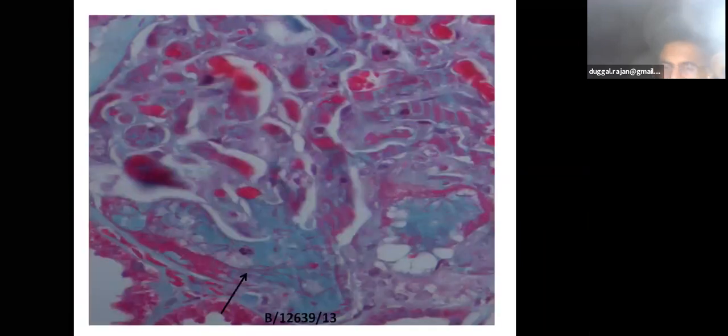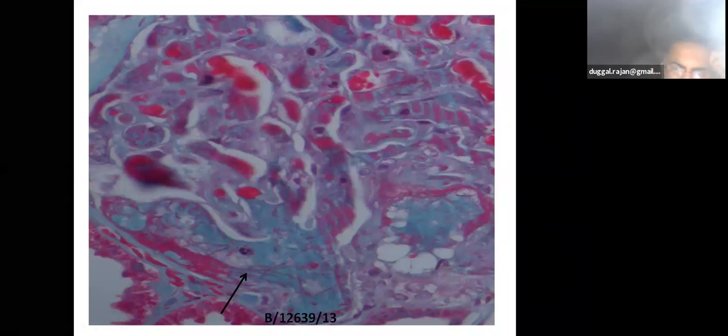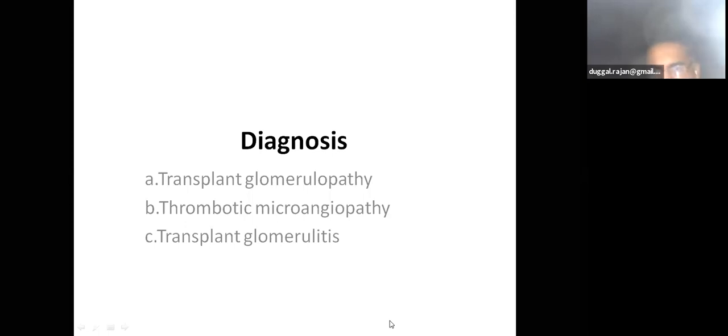And this is Masson's trichrome. So what do you think the diagnosis is? Transplant glomerulopathy, thrombotic microangiopathy, or transplant glomerulitis?